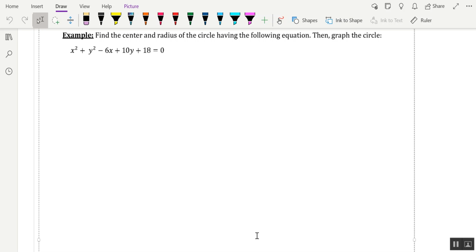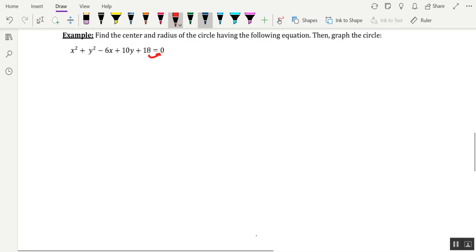In order to find the center and radius, we're going to rewrite this equation in standard form. Once we have it in standard form, it's really quick and easy to figure out what h and k are, as well as the radius. So here's how you want to start this out. Let's first take this 18 over to the other side.